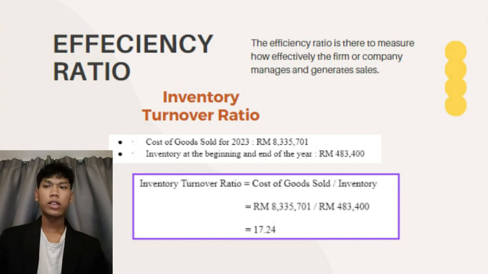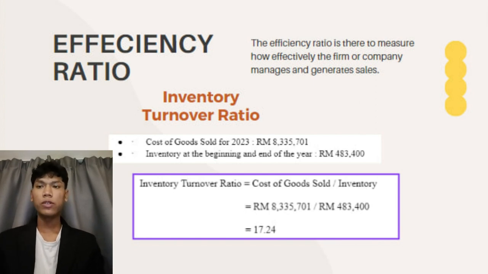So first, I will explain about inventory turnover ratio. This ratio measures how many times the company's inventory is sold and replaced over a period. The formula is inventory turnover ratio equals cost of goods sold divided by average inventory.